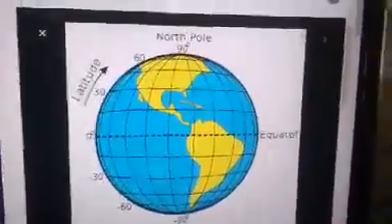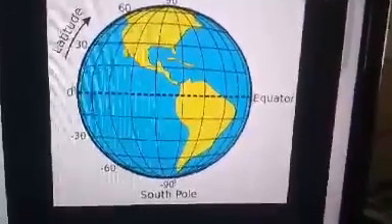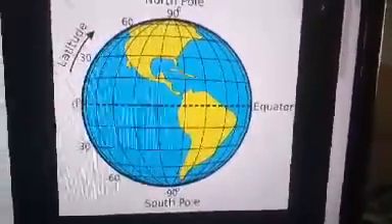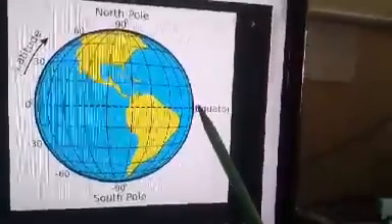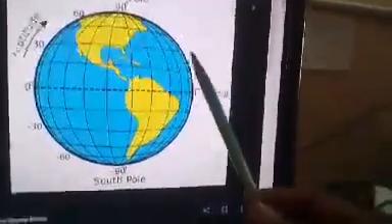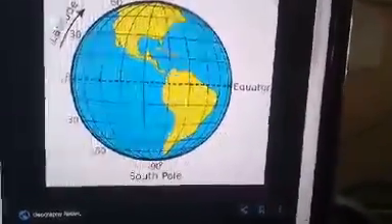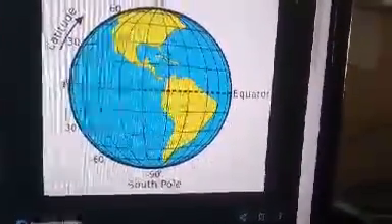And the Greenwich meridian is also called the prime meridian, meaning the first meridian. So the 0 degree longitude has names like 0 degree longitude, Greenwich longitude, or prime meridian. Okay.